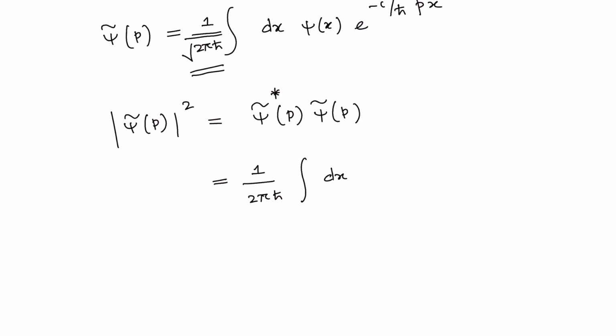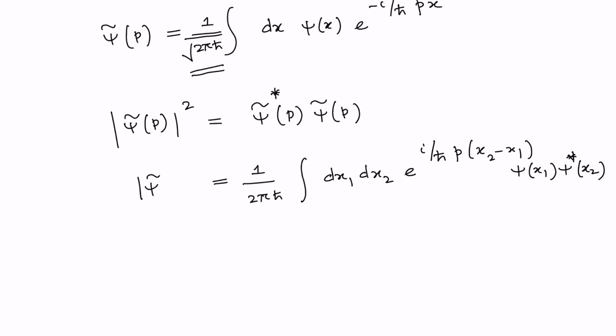So let me write it like this: ∫dx1 dx2 e^((i/ħ)p(x2−x1)) ψ(x1) ψ*(x2). I hope you are getting it.